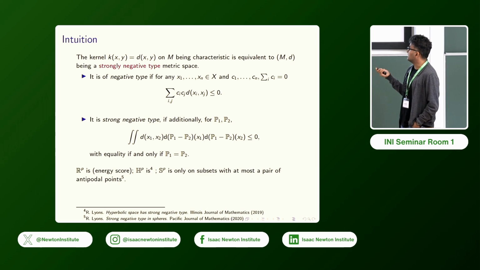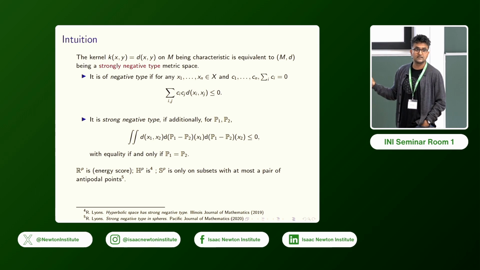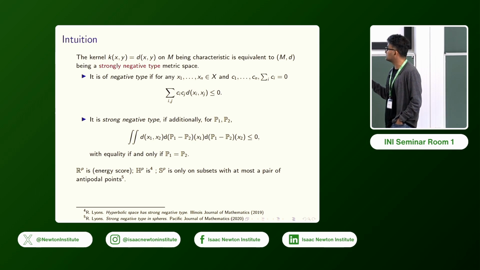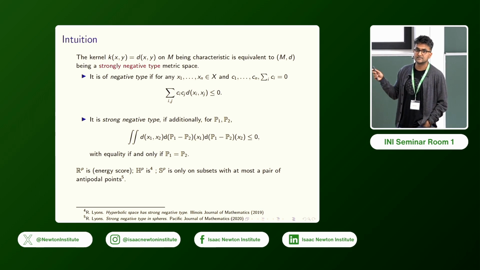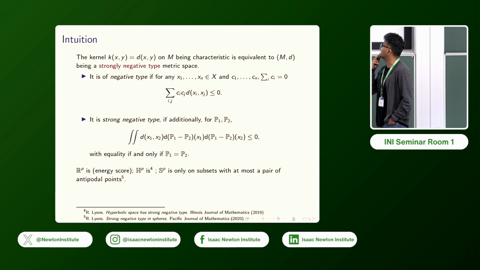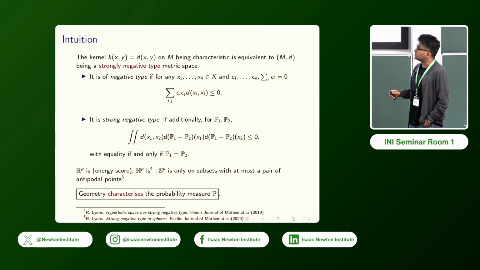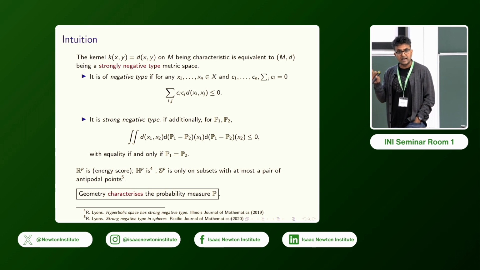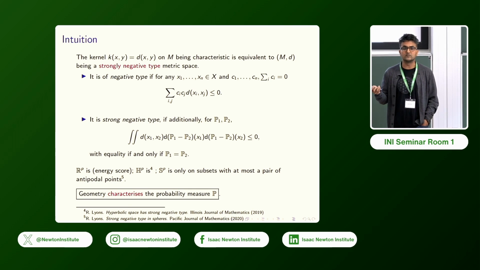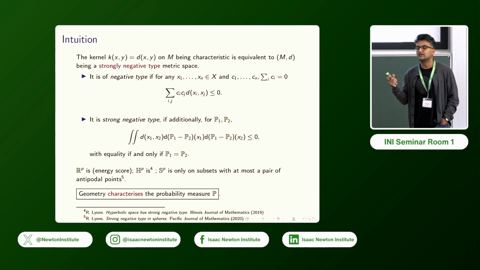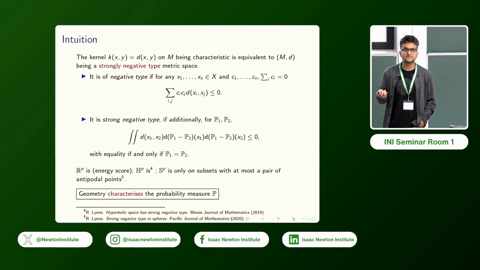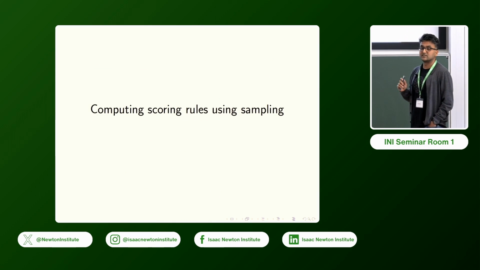Russell Lyons has two papers on this for the sphere and the hyperbolic space, and mentions that it's open in general for negatively curved spaces, where the curvature might be changing. So that leads to the previous conjecture. This is a situation where the geometry, as with the energy score in the Euclidean case, characterizes the probability. So if you want to score based on this, curvature has to be accounted for.